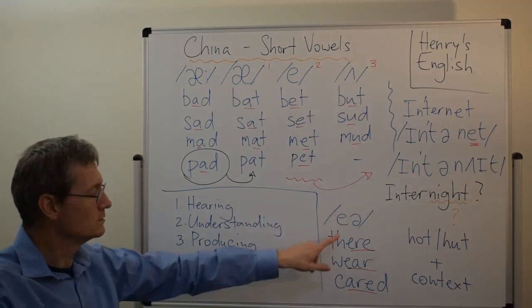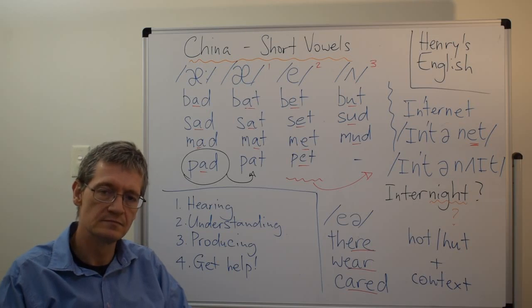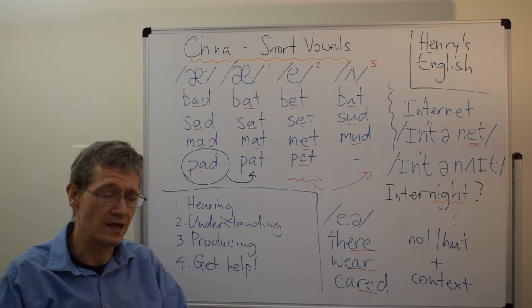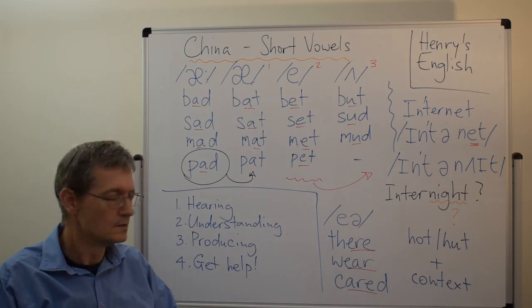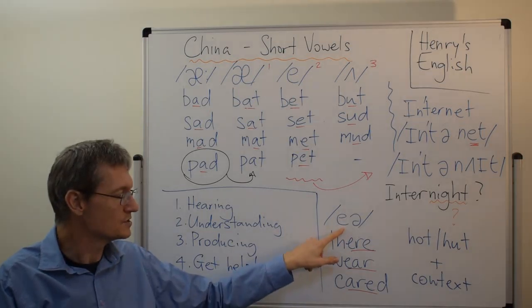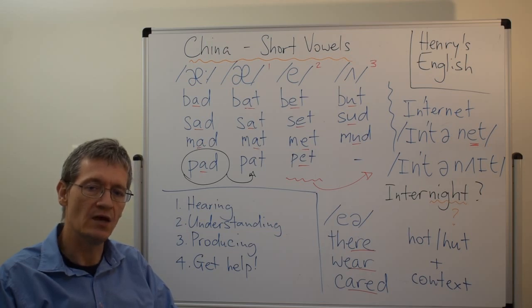Finally, there's one more vowel sound that I want to look at. It's air. So I breathe in the air. This is a long vowel sound, and it's considered in pronunciation two vowel sounds joined together. Air. Together they form air.